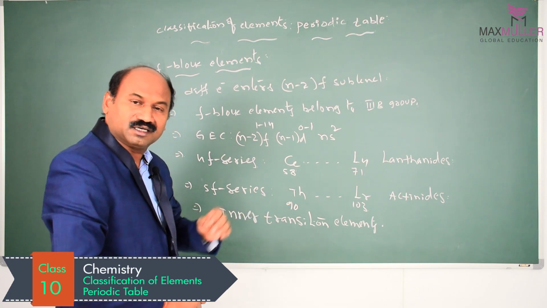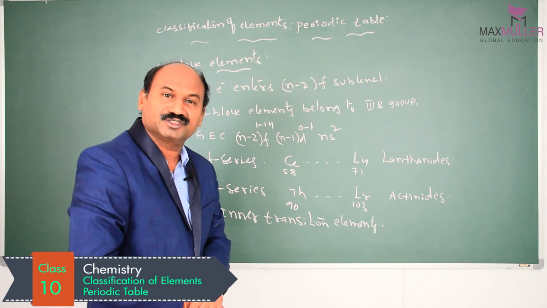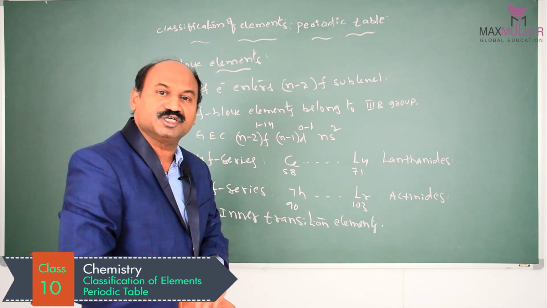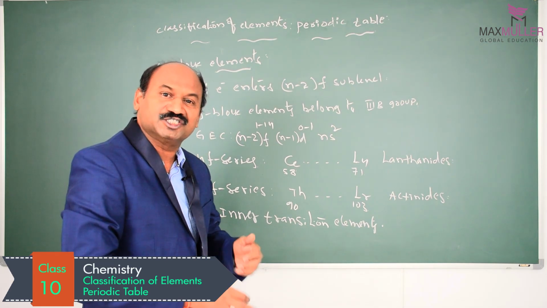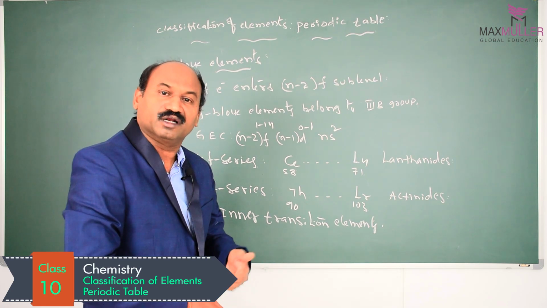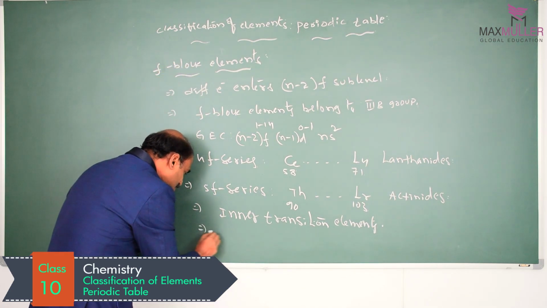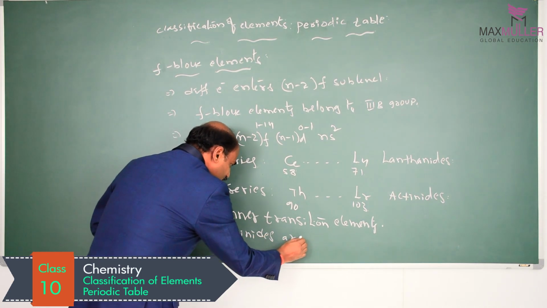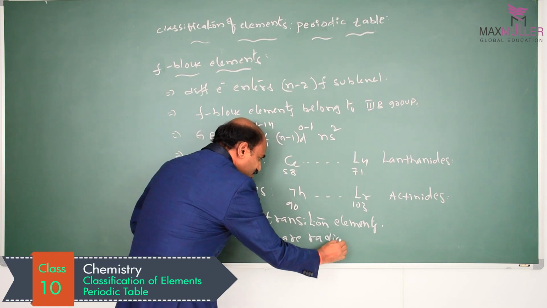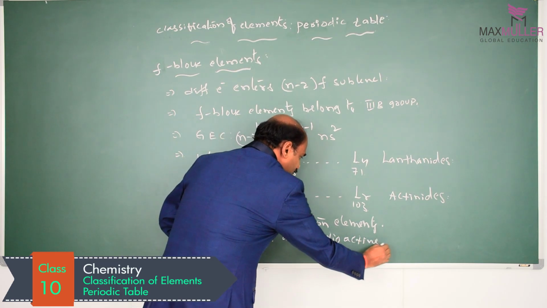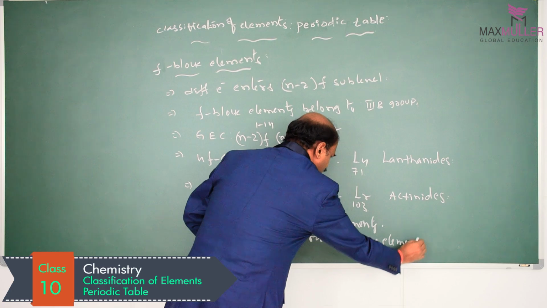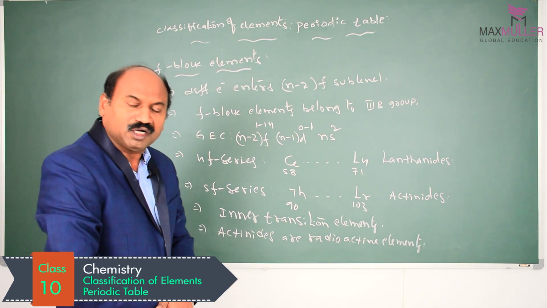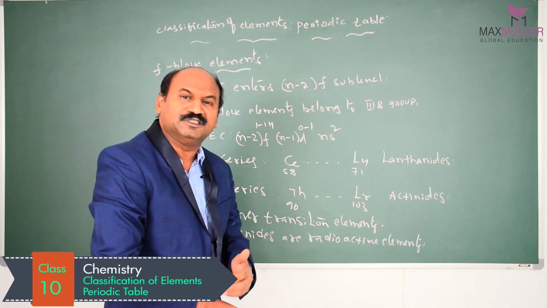All the actinides are radioactive elements. So that means they are unstable. They have a tendency of spontaneous decay into other elements. Now, what is the common oxidation state exhibited by these elements?